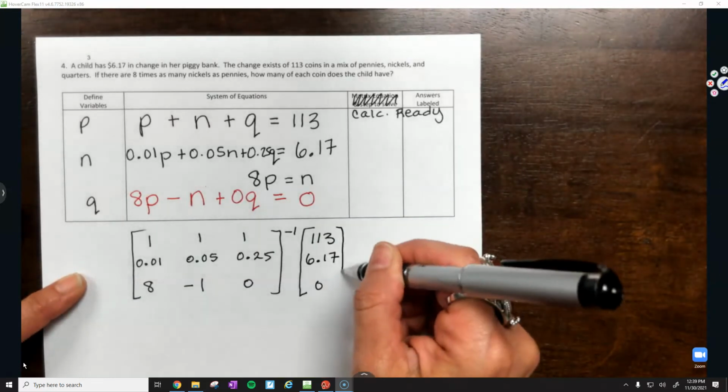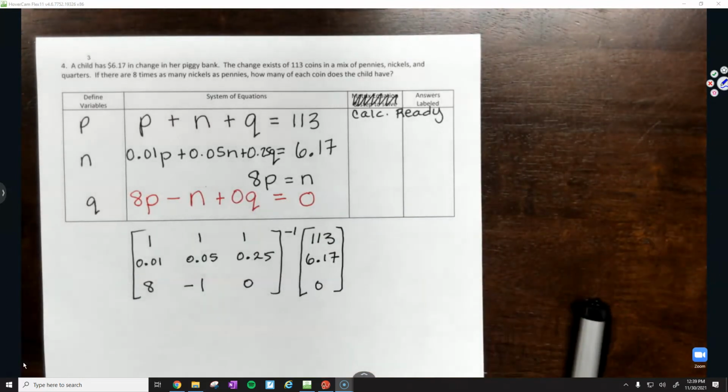As you guys are keying this in, remember what you're finding. You're finding the number of pennies, the number of nickels, and the number of quarters, not how much it's worth. So you should have positive whole numbers on this.